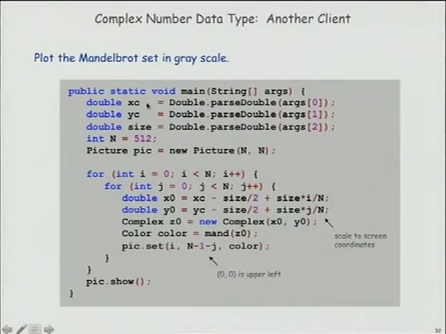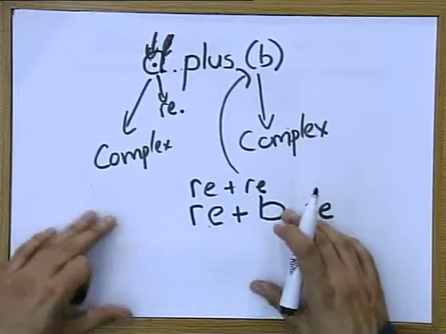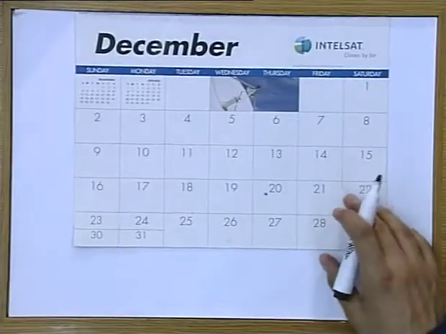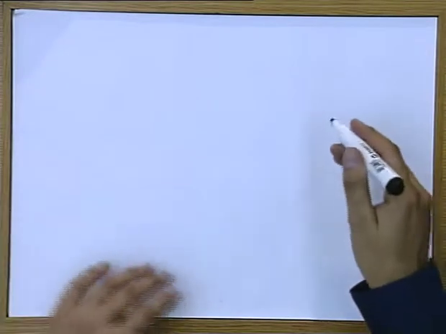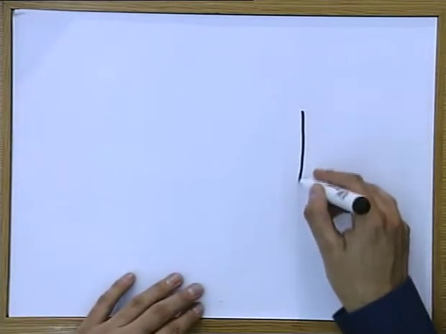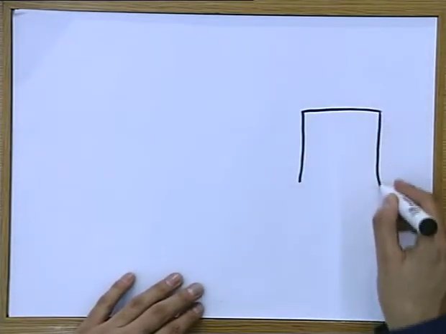So xc and yc is the center of the Mandelbrot set. Here imagine that you have this infinite space, and there are some interesting things there. So imagine this is then my space of all the numbers. Then I'm interested to look maybe at this particular part.